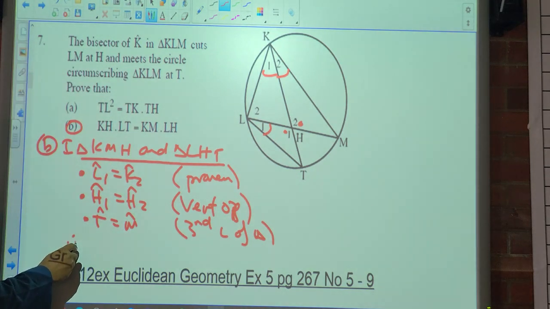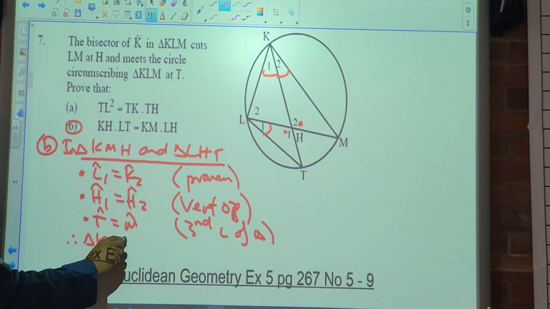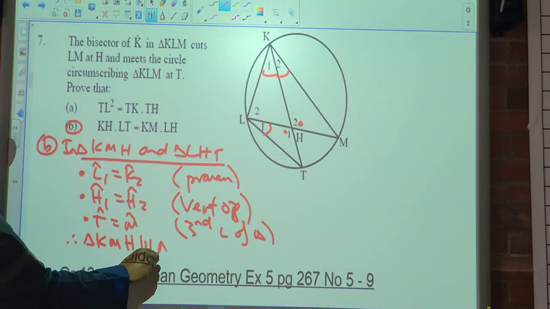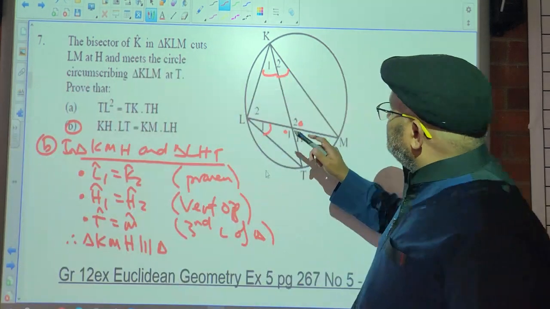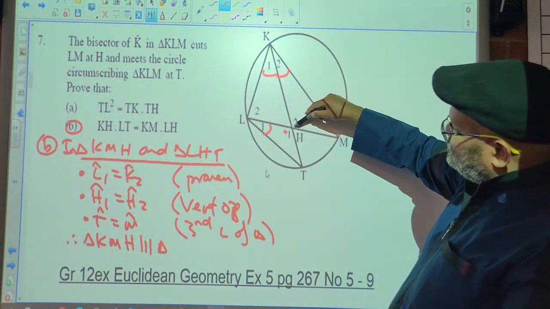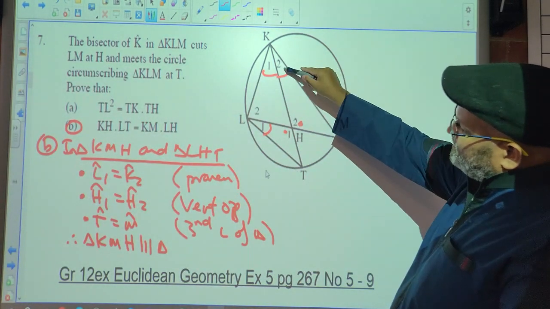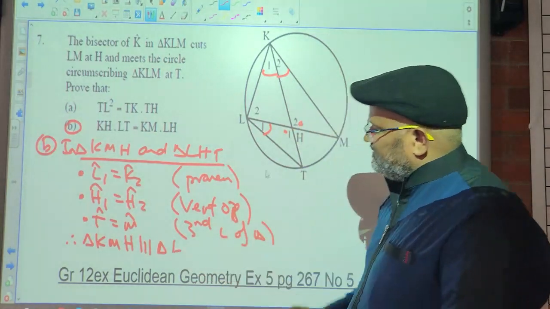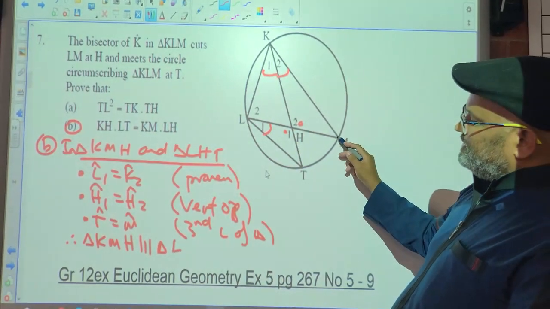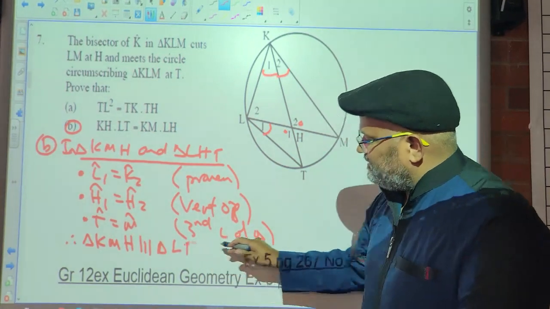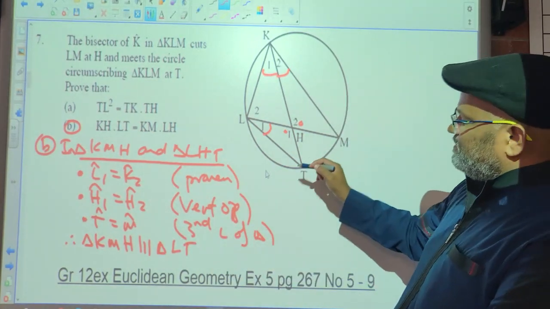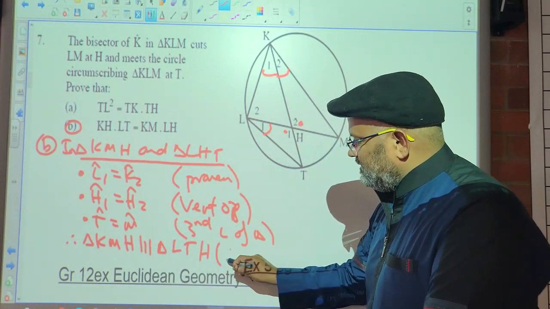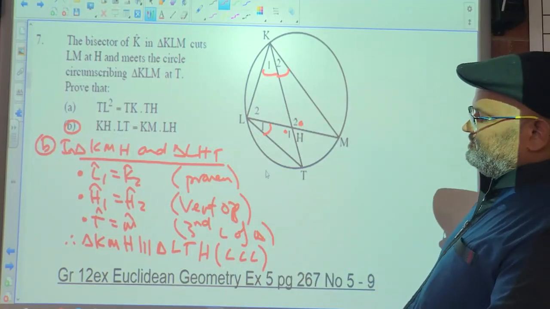So therefore, triangle KMH is similar to triangle LTH. Now, KMH, K corresponds with L, M corresponds with T, and H corresponds with H. Why? Angle, angle, angle.